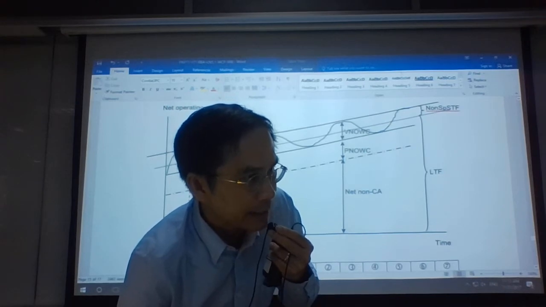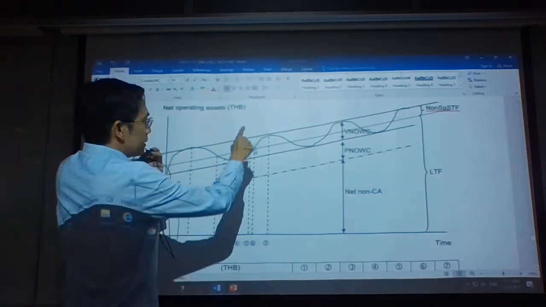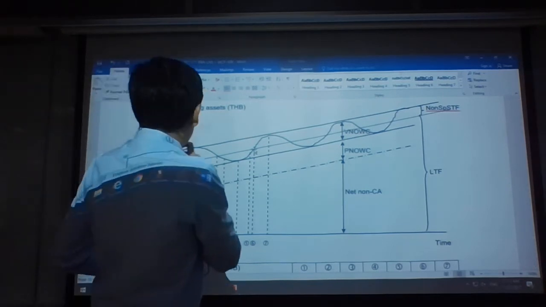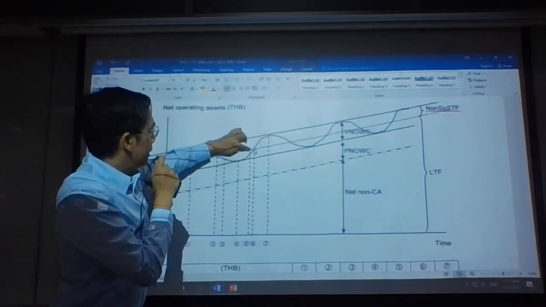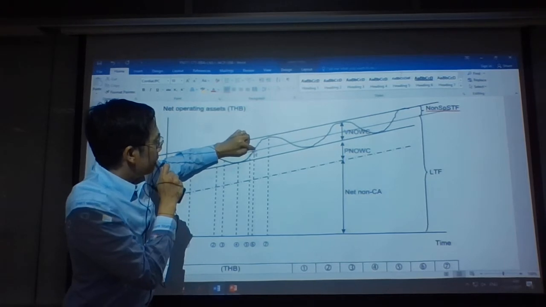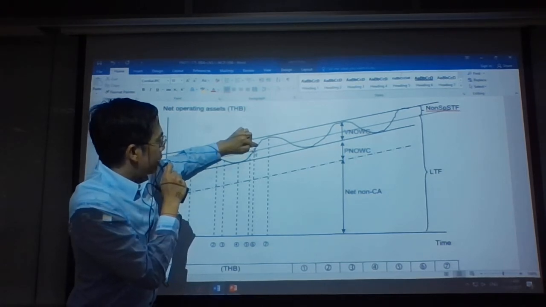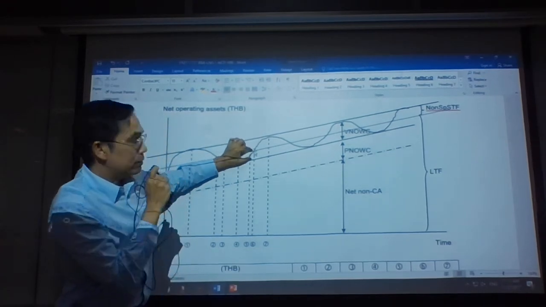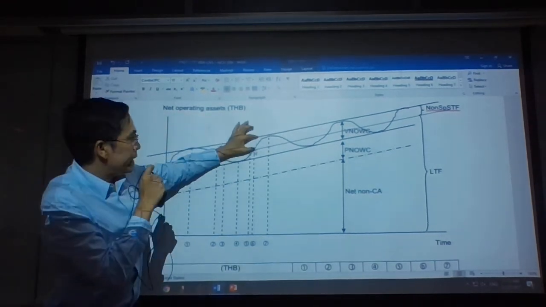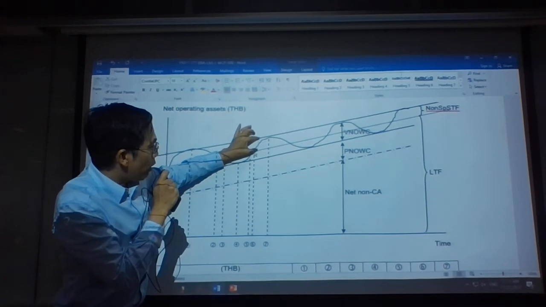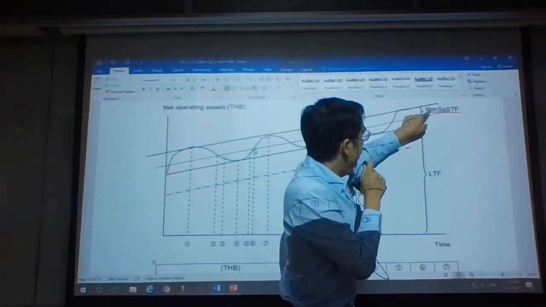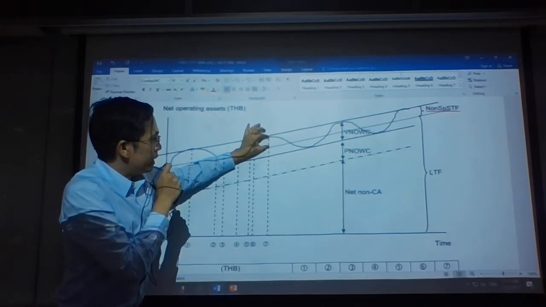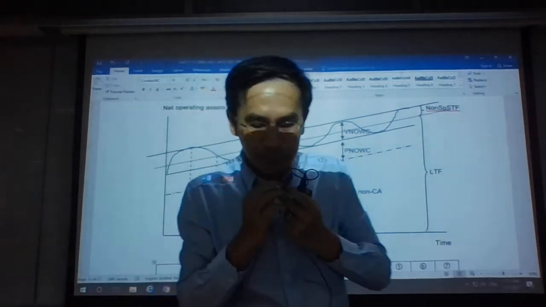So from point 6 here to the second big point here, you need to buy more temporary net operating working capital. Internal capital is gone. Therefore, this part must be financed by short-term funds.